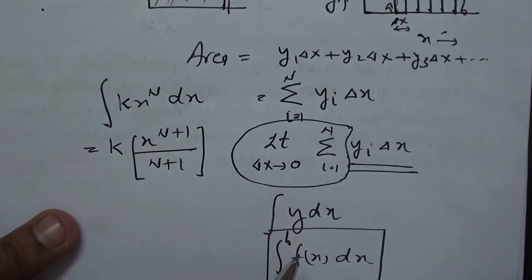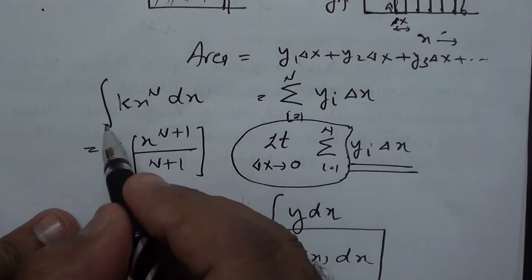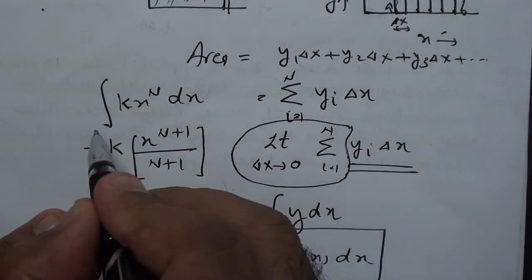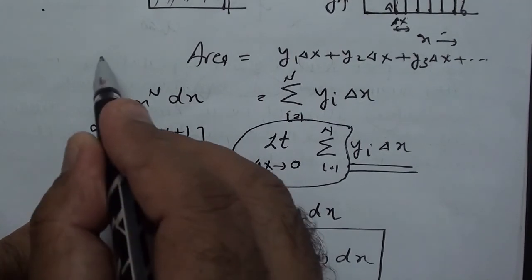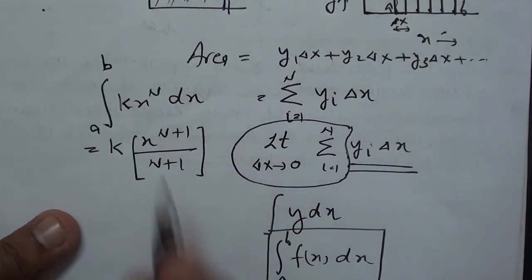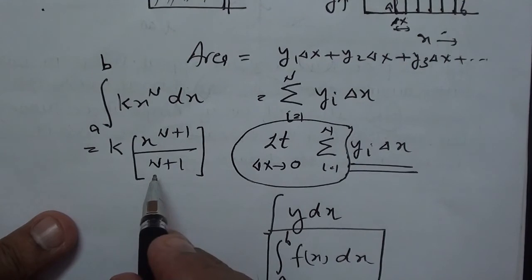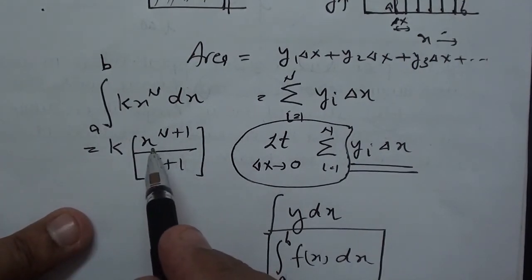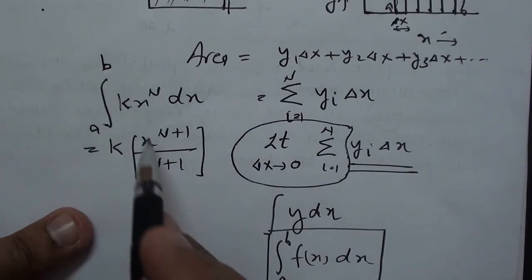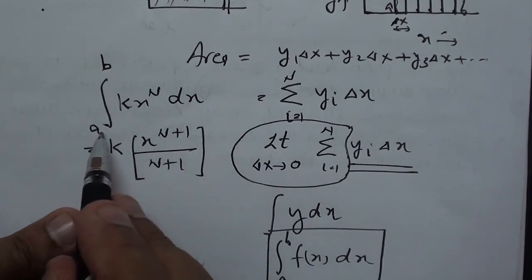This is how we solve it. And then there is a way to apply the limits. The minimum value of x is written here, the maximum value of x is written here. And when we apply these limits, first we substitute this value here for x minus then this value.